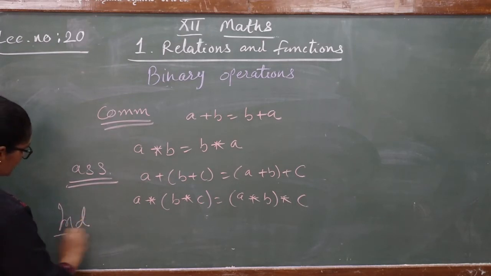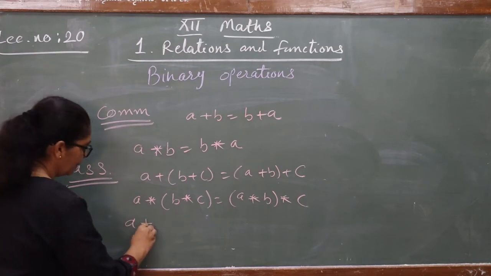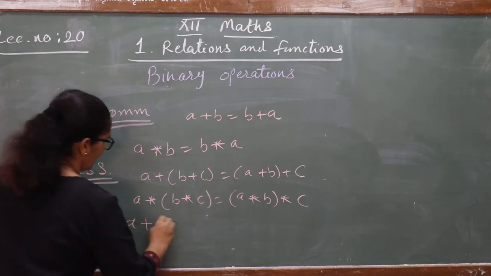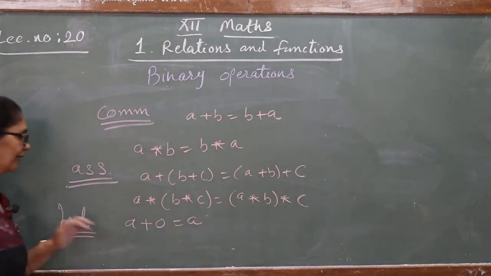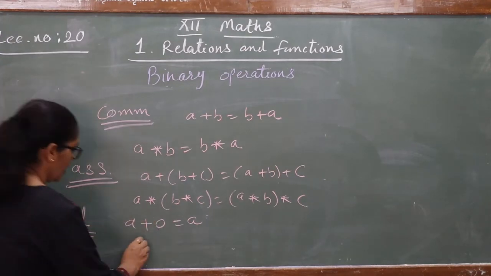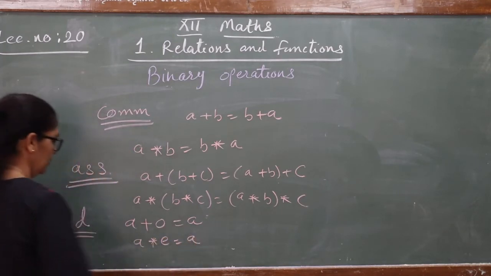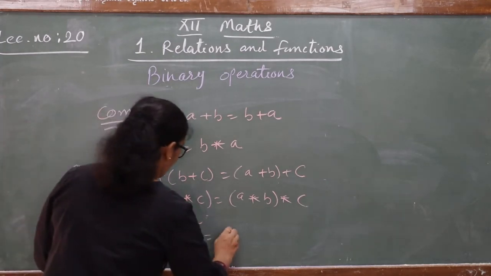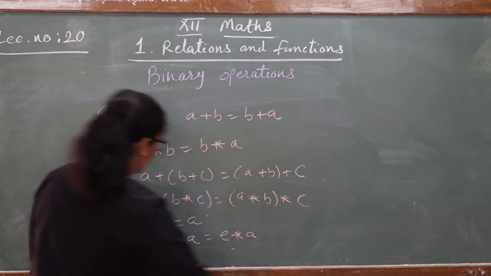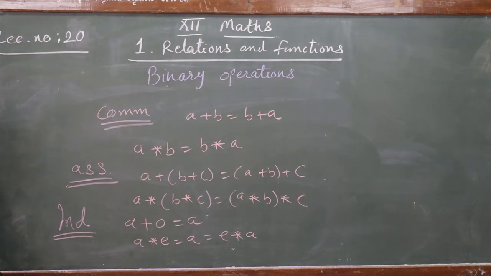If you add any number to A and you get A, that means 0 is the neutral number for addition. Same way, if you combine the identity element with any term and you get the same term, then E is called your identity element.